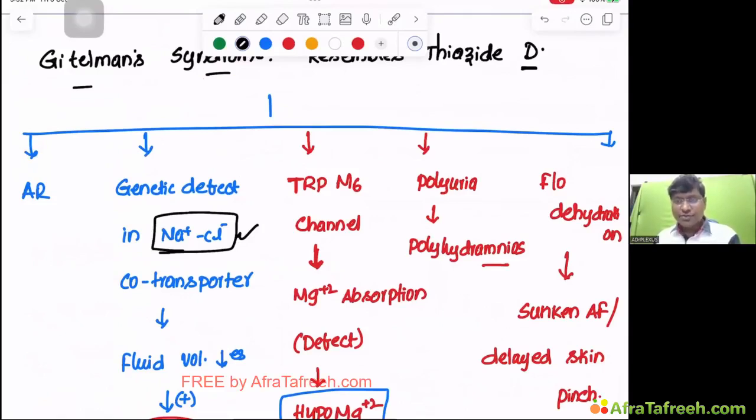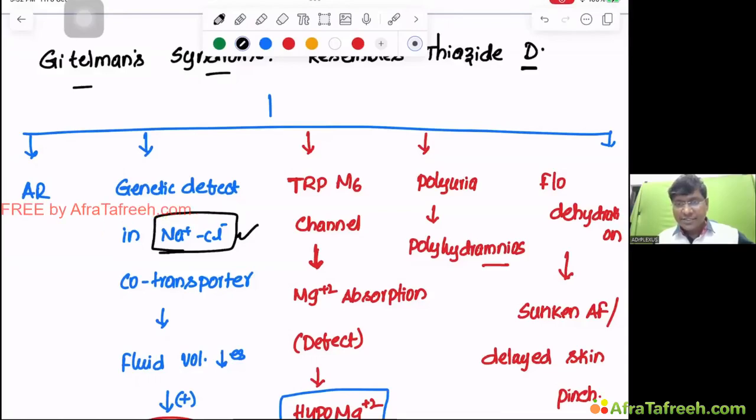Because of the defect in the sodium chloride co-transporter, fluid volume is reduced, so there is activation of RAS, and these patients will not have hypertension. Presentation is mainly polyuria and nocturia. Hypokalemia causes muscle cramps and spasms. Hypomagnesemia occurs because of a defect in the TRPM6 channel, and because of hypomagnesemia there is hypoparathyroidism causing hypocalcemia and tetany.